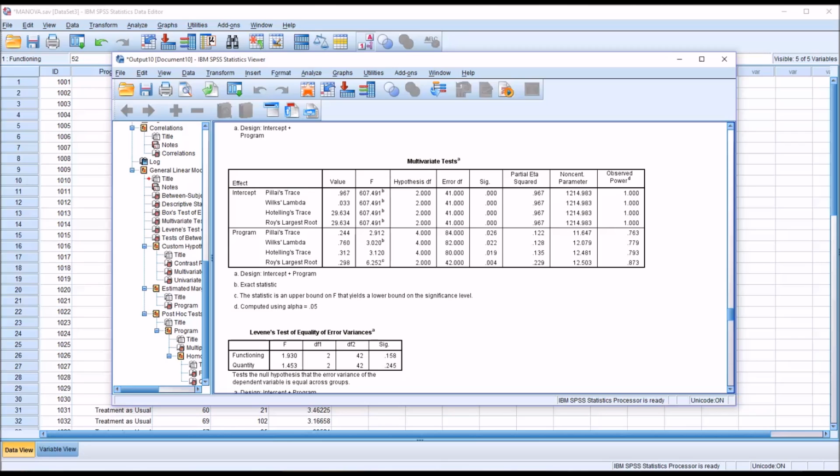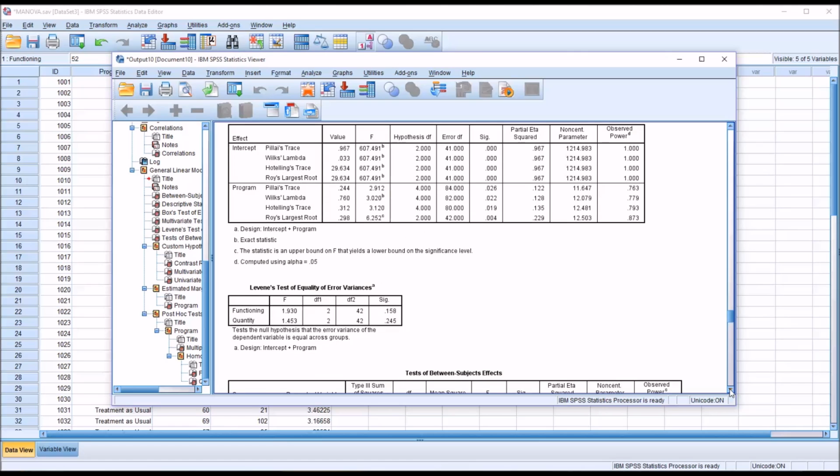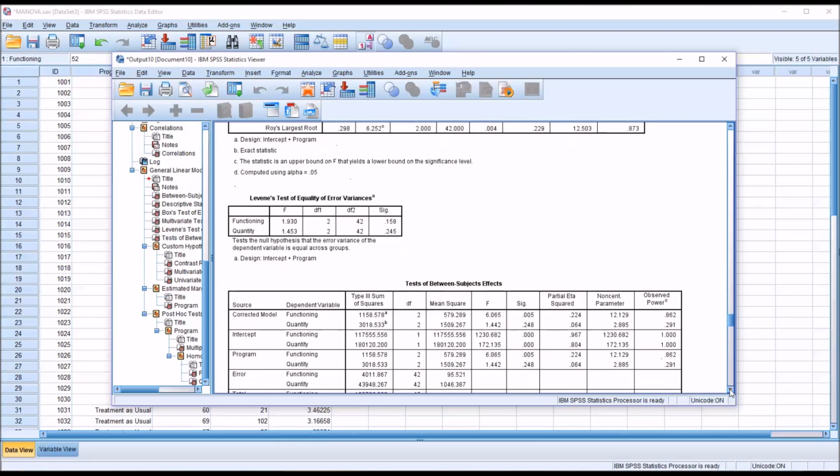But we know that, using a linear combination of dependent variables, we do have a statistically significant difference between the levels of the independent variable, which were individual and group counseling, and then treatment as usual. So those groups are different on that linear combination. So let's take a look a little further down and get some more detail.